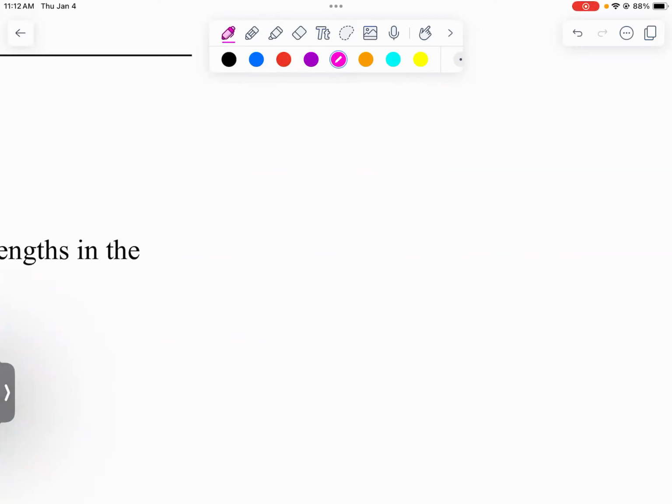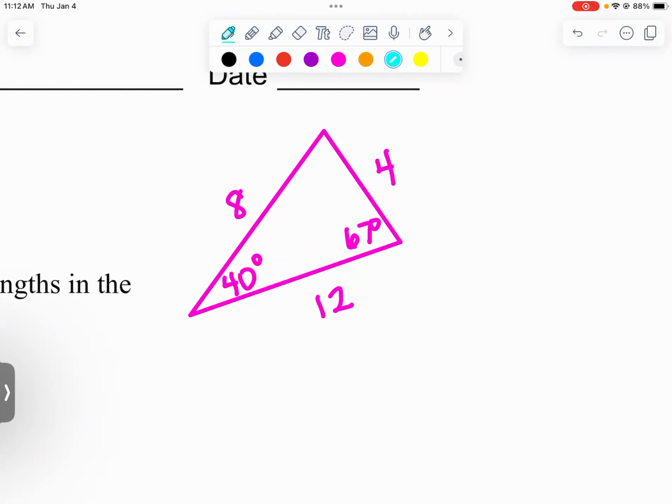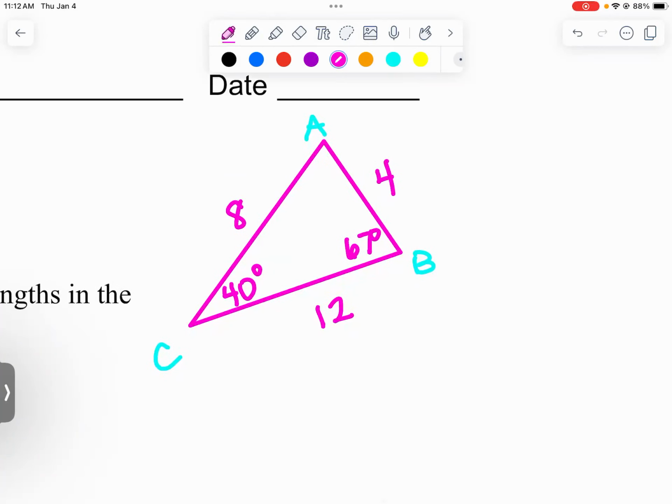Now, I'm going to draw 2 triangles. Figure out one of the sides that corresponds.